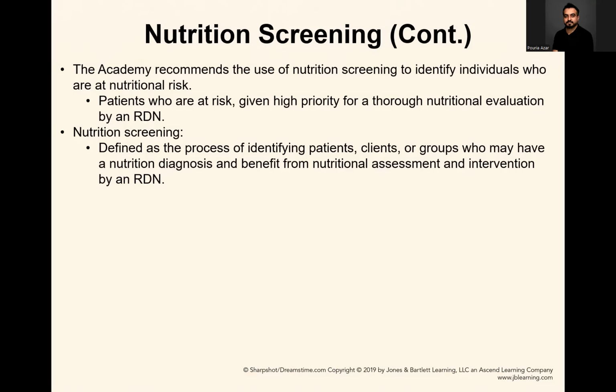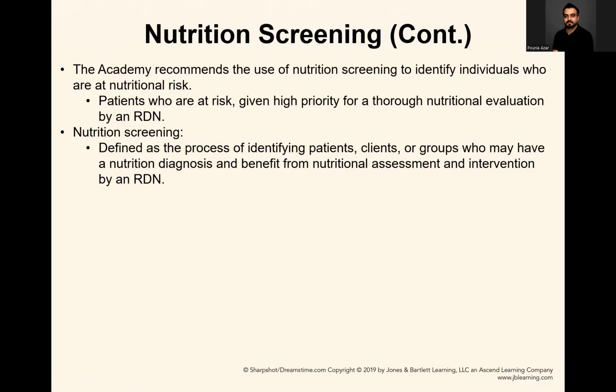Just like nutritional assessment and malnutrition, we have different definitions for nutritional screening. We can define it as a process, a framework, or a structured way of identifying patients, clients, or groups. Groups is very important here.